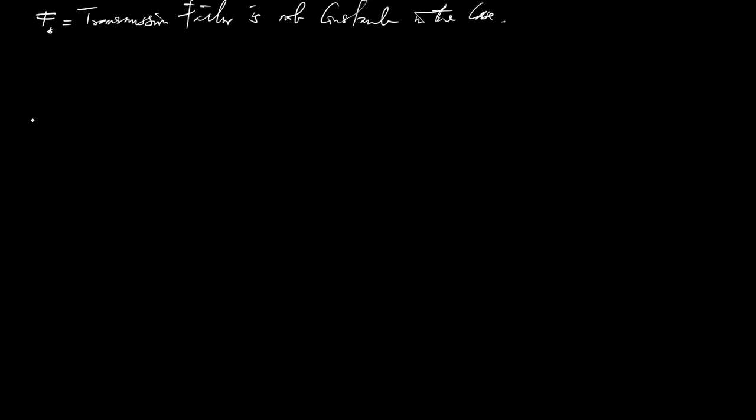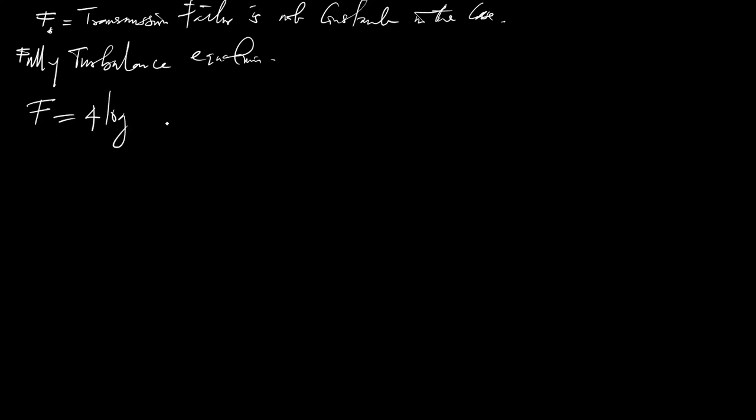It varies based on the diameter of the pipe. Now let's say we should use the fully turbulent equation. So for the fully turbulent equation, F is equal to 4 log 3.7 D divided by E, base 10.